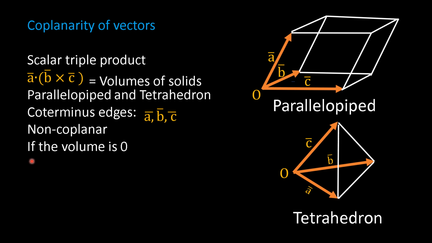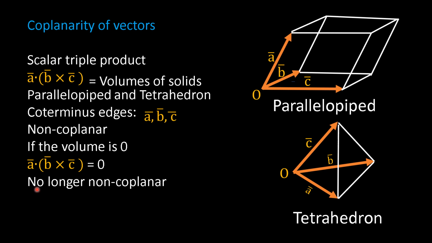Now imagine if the volume of these solids is 0, then the scalar triple product A bar dot B bar cross C bar will be 0, which will mean that the vectors A bar, B bar, C bar will no longer remain non-coplanar, they will be coplanar. Therefore, the scalar triple product A bar dot B bar cross C bar equals 0 is the necessary and sufficient condition for the vectors A bar, B bar, C bar to be coplanar.